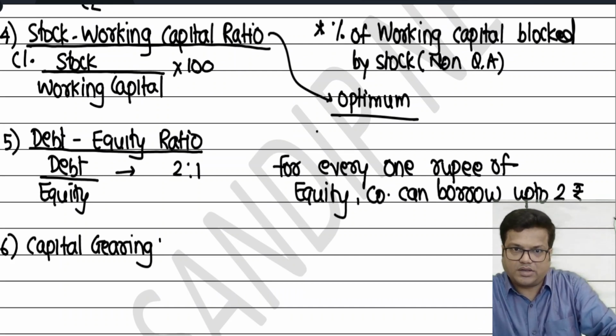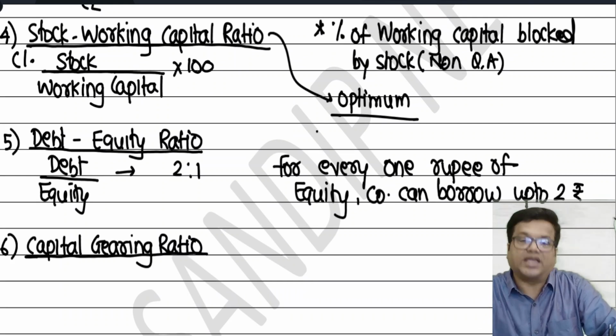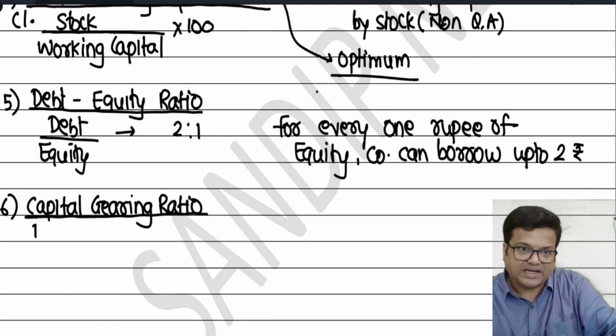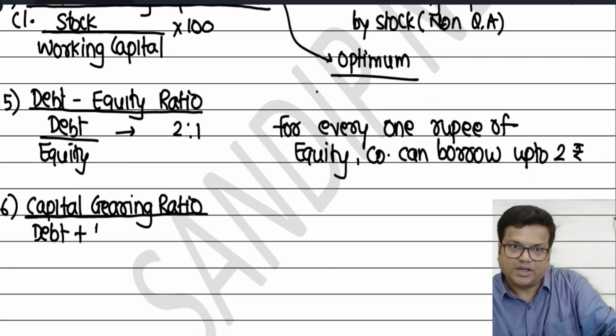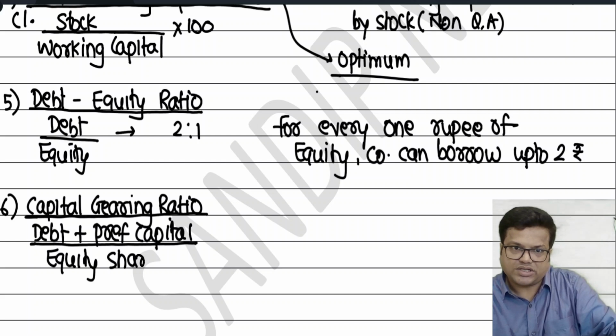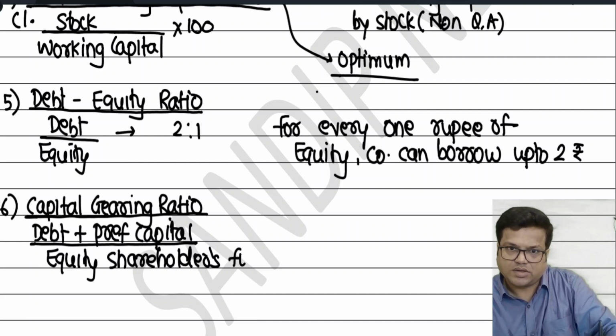Okay. Now the next ratio, capital gearing ratio. Now here the formula is debt plus preference capital upon equity shareholders' funds.